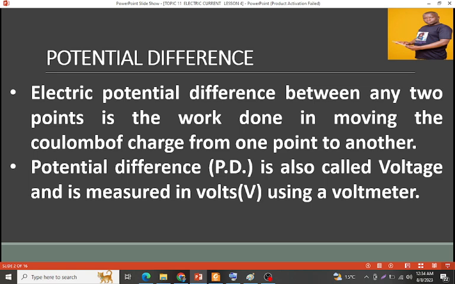It is the voltage which pushes electrons or charges in a circuit. So you regard voltage as a pushing force that pushes electrons in a circuit. Another word for voltage is potential difference, and another word for potential difference is voltage.